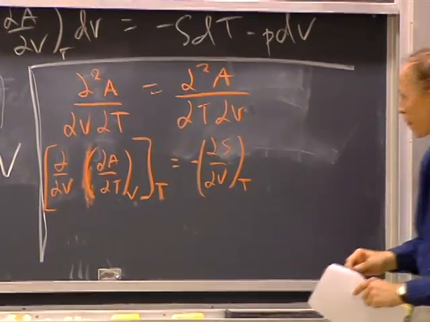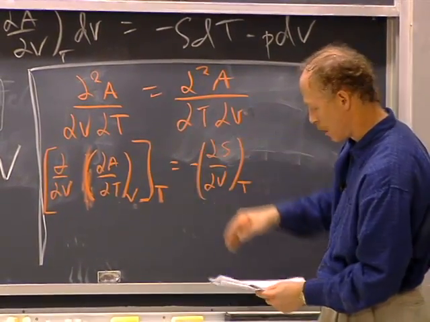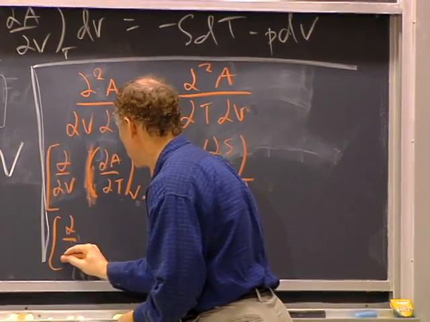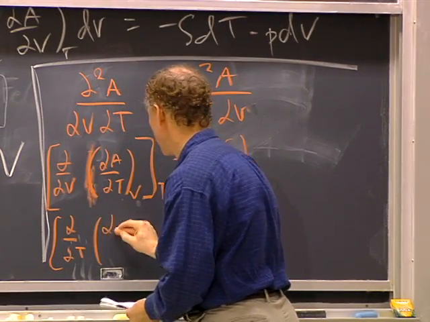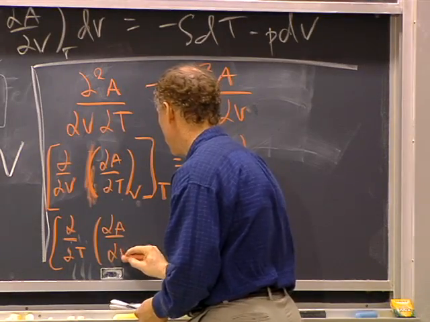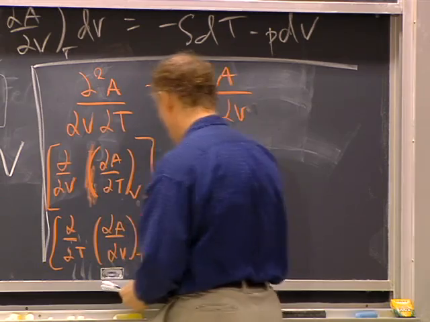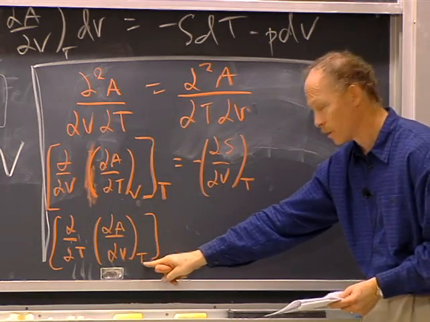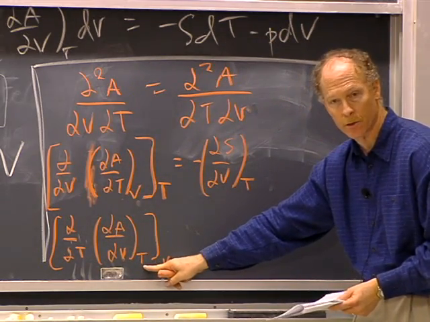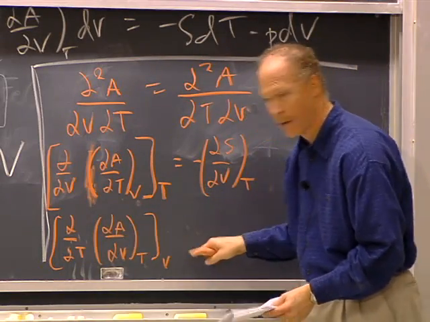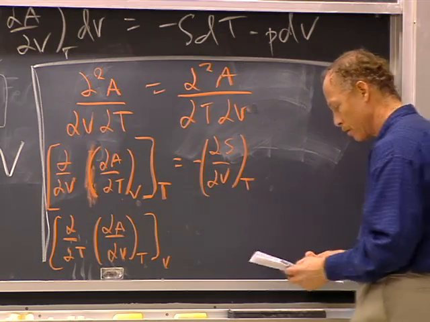right? Now let's take it in the other order. So d/dT of dA/dV, just like this, right? The dA/dV is calculated at constant temperature. We know it. Then we can take the derivative of that quantity when we vary the temperature, holding the volume constant, right?